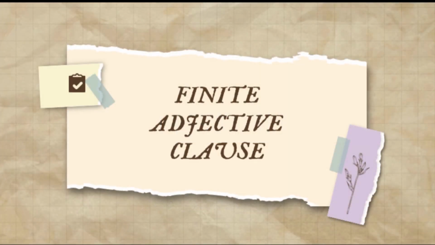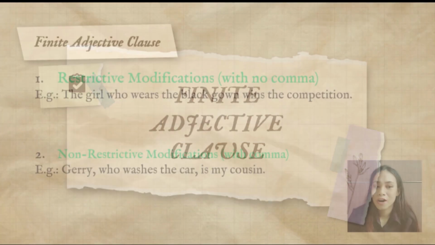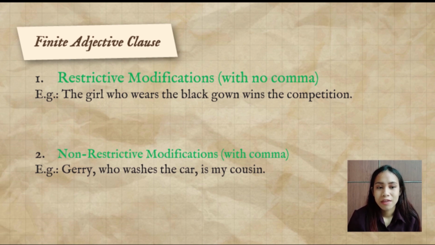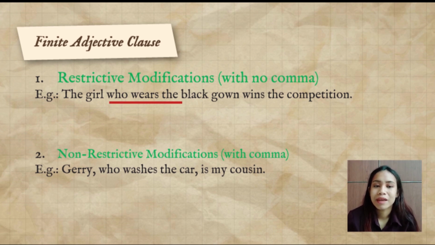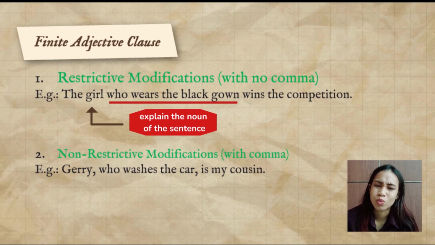Next, there are three types of adjective clause: finite, non-finite, and verbless adjective clauses. Let's start with the finite adjective clause. There are two types of it. The first one, restrictive modifications. For example, the girl who wears the black gown wins the competition. The words who wears the black gown are known as the restrictive modification. Why? Because it explains the noun of the sentence: which girl are you talking about?